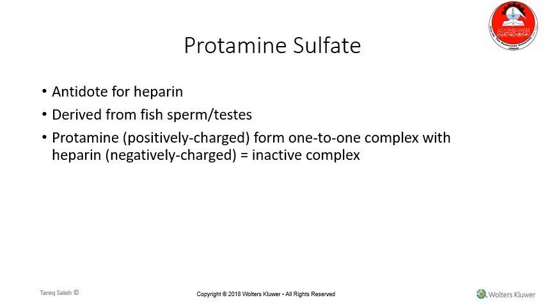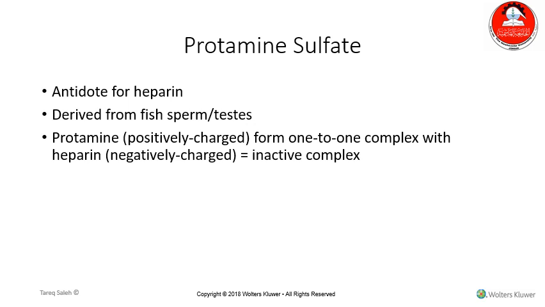Remember that we've discussed protamine sulfate. Protamine sulfate is the antidote for the drug heparin. And similar to heparin, which is naturally derived, protamine sulfate is also naturally derived from fish sperm or testes. Remember how protamine sulfate can neutralize heparin molecules?